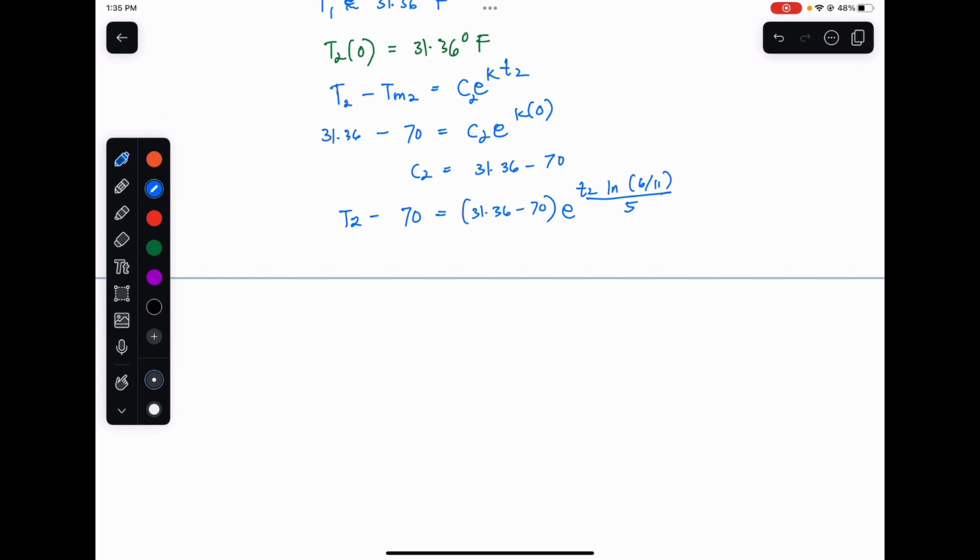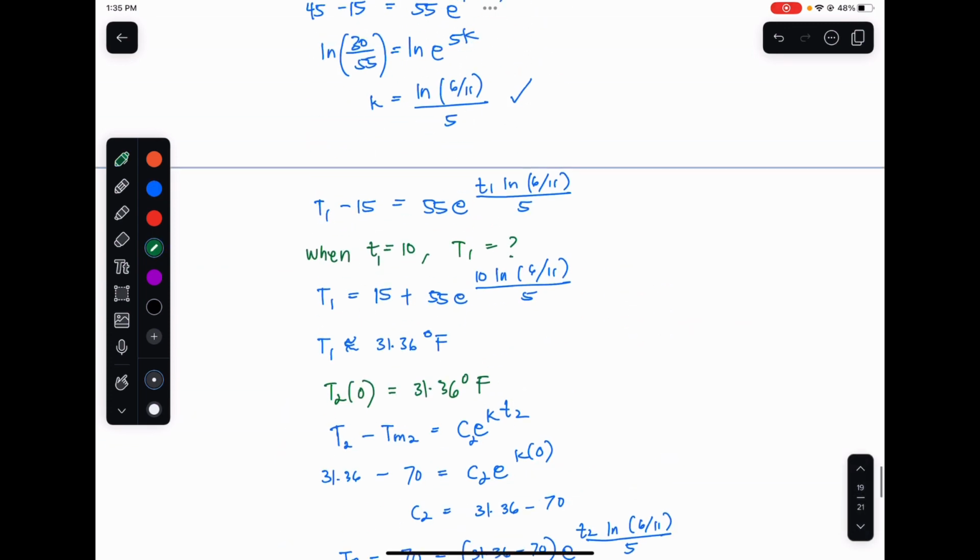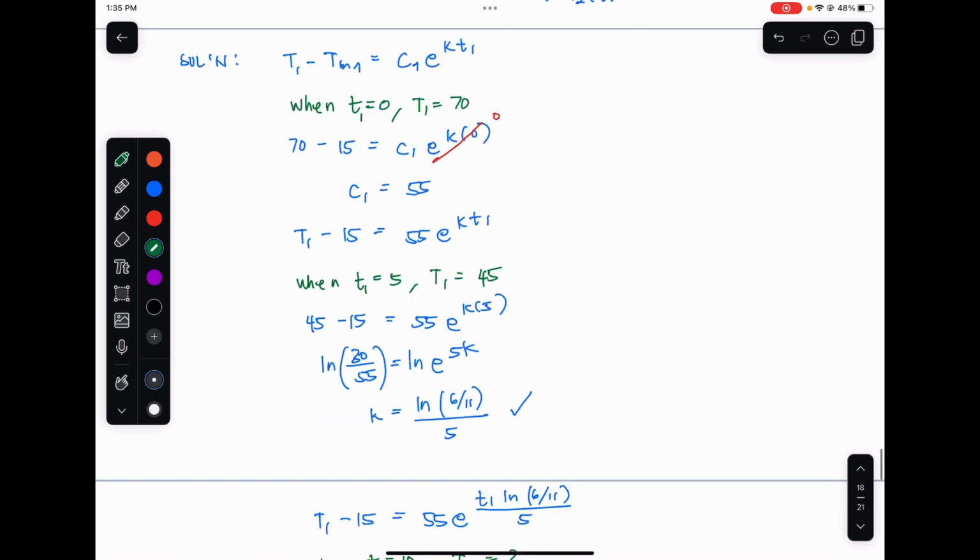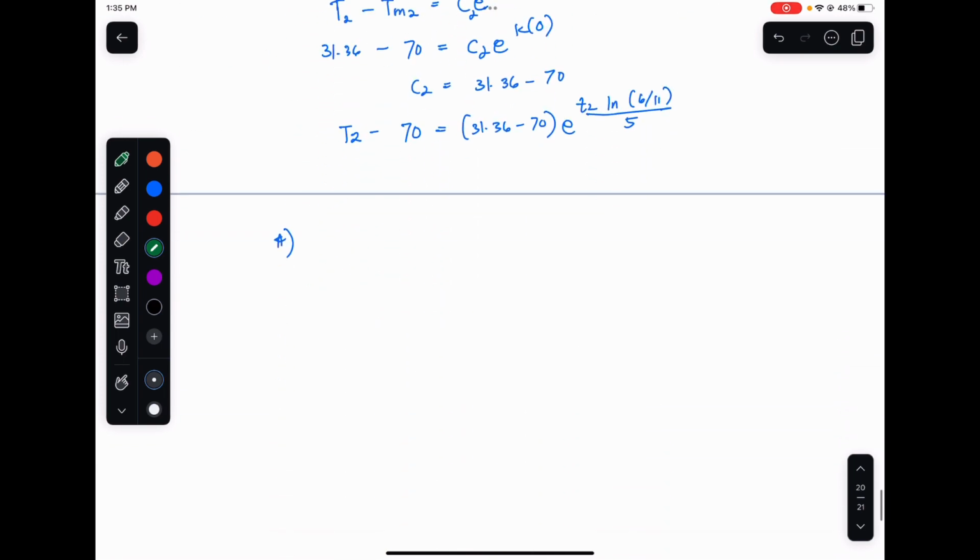So for our first requirement, what is T2 when the time is 10 minutes?